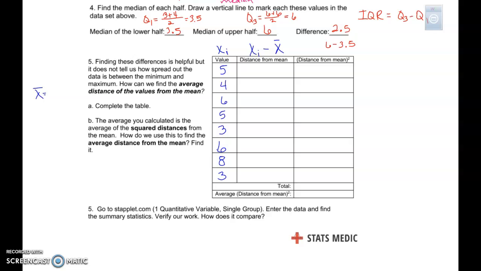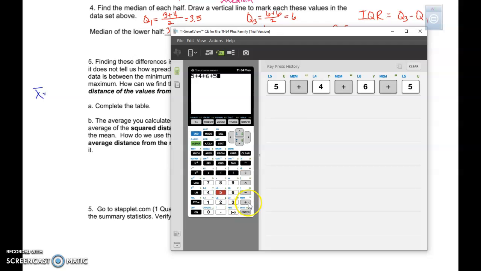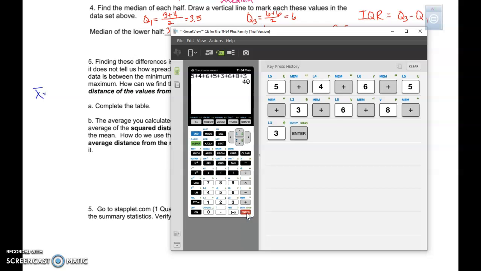Let me grab a calculator real quick. So you are going to find the average of this: 5 plus 4, plus 6, plus 5, plus 3, plus 6, plus 8, plus 3. So your summation total should be 40, and then you're going to divide that by the number of numbers you have: 1, 2, 3, 4, 5, 6, 7, 8.